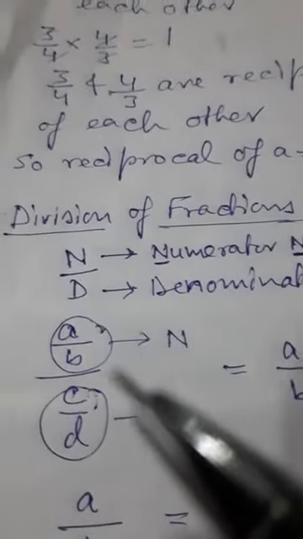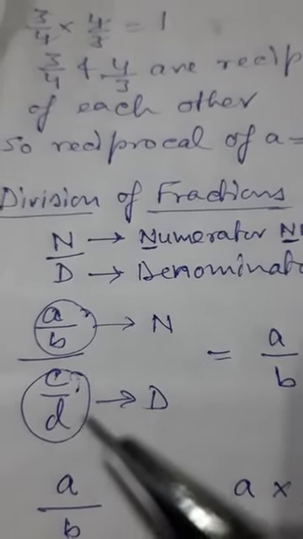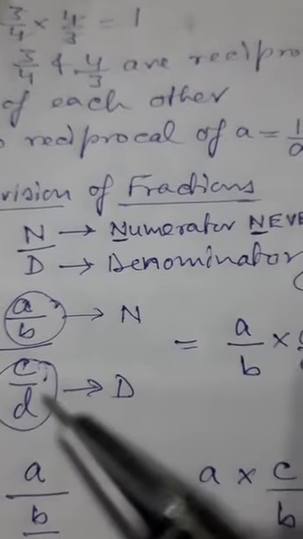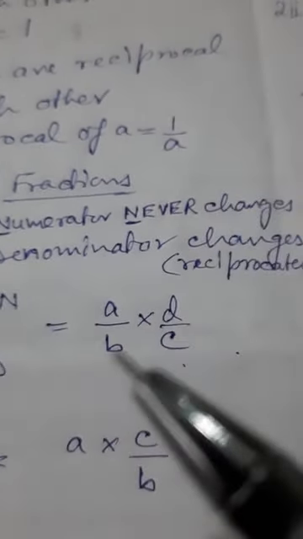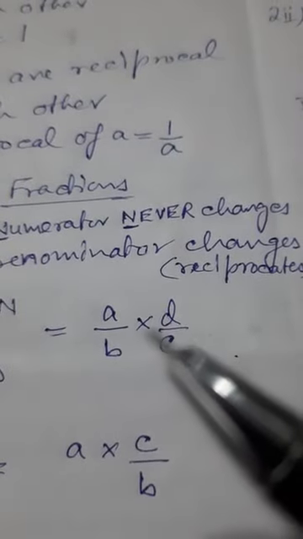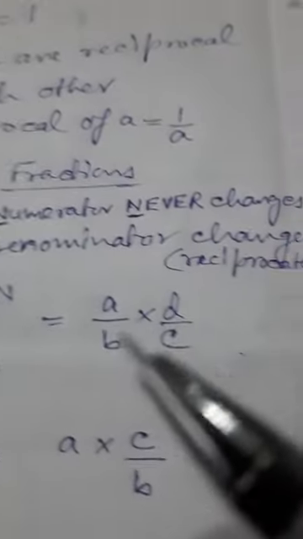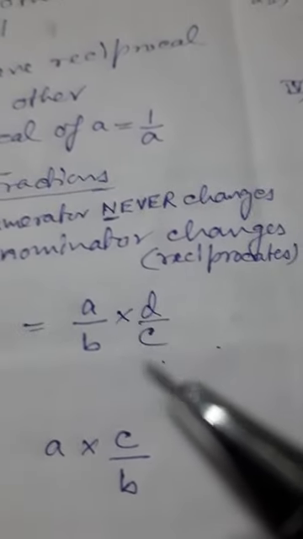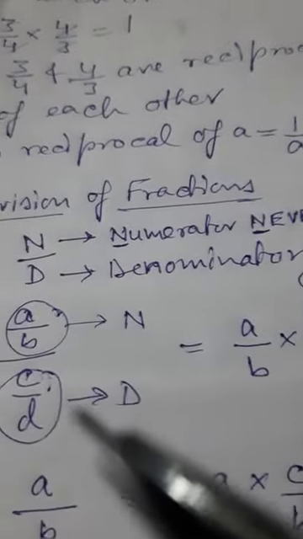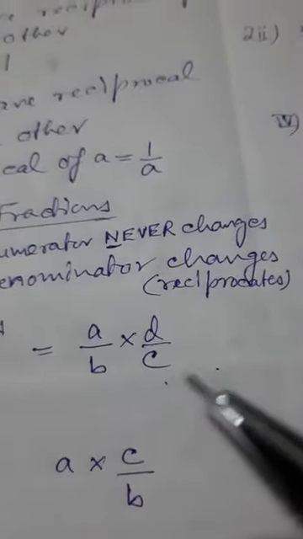So a upon b numerator will remain as it is, and denominator, since it is dividing the numerator, so when we write the reverse operator multiplication, here it was division, now we are writing it as multiplication, so the denominator will also get reciprocated.